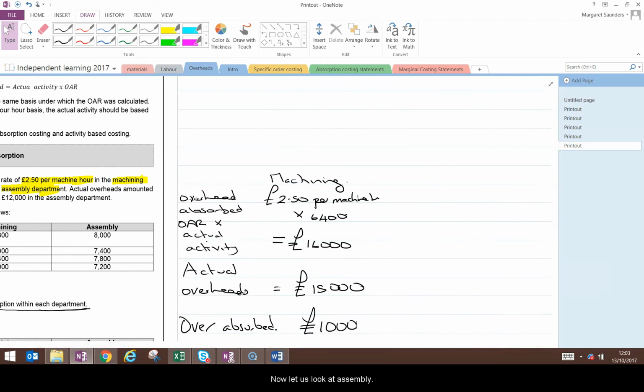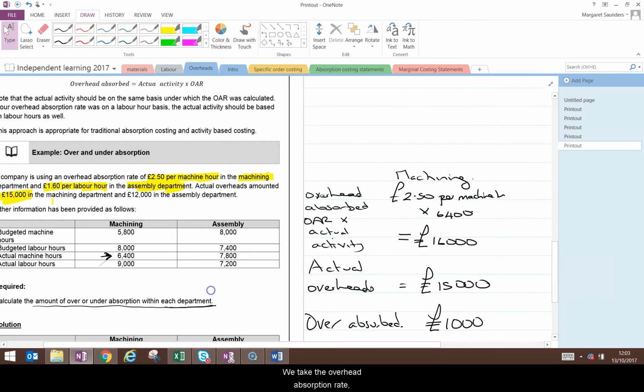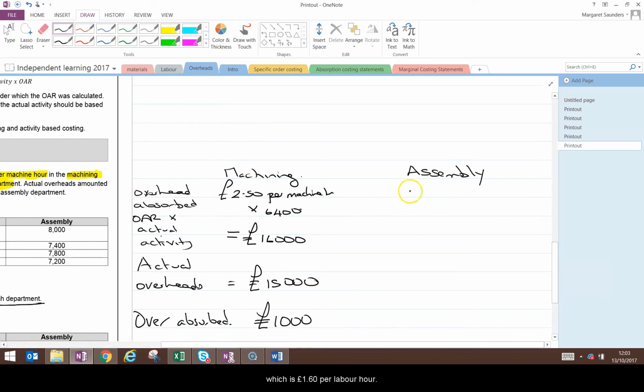Now let's look at assembly. So we take the overhead absorption rate, which is £1.60 per labour hour. Remember, that would have been calculated on budgeted figures.